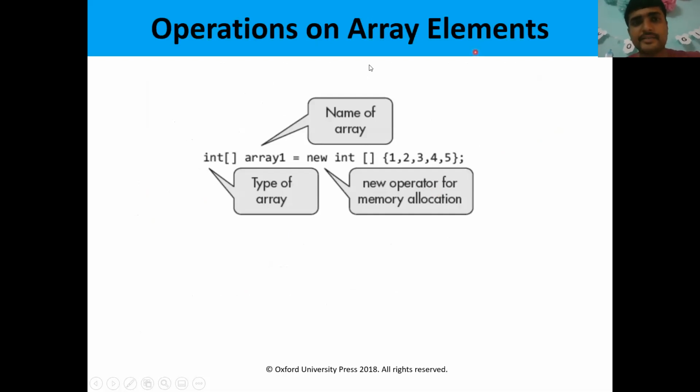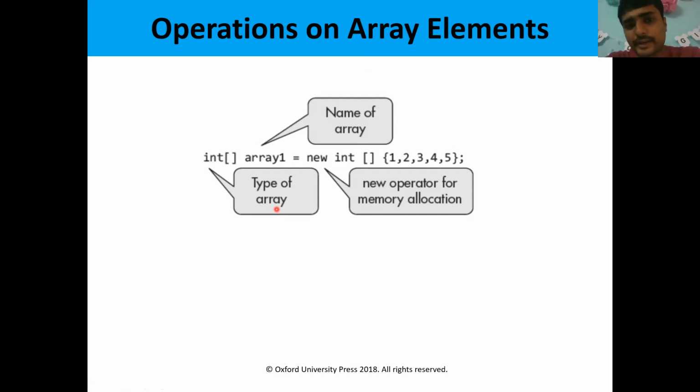So next one, operations on array elements. Suppose you have an array of elements 10, 20, 30, 40, you can perform some arithmetic operations as well as some logical operations on the array. Basically we can apply the arithmetic operations on array, that means plus, minus, multiplication, division, modulo.